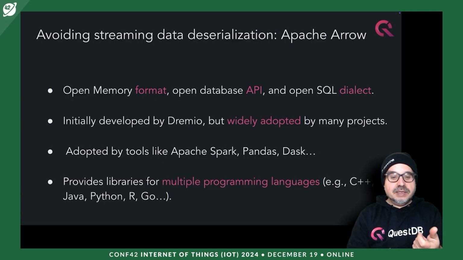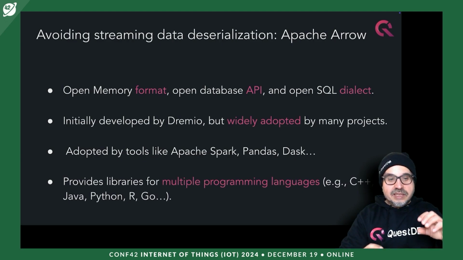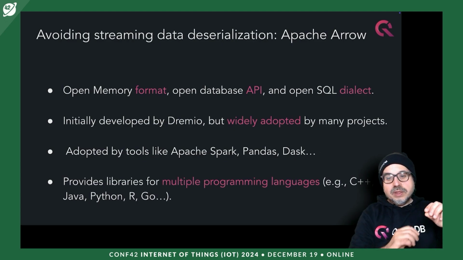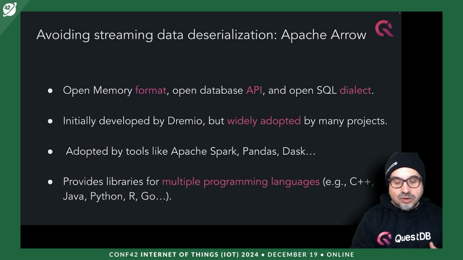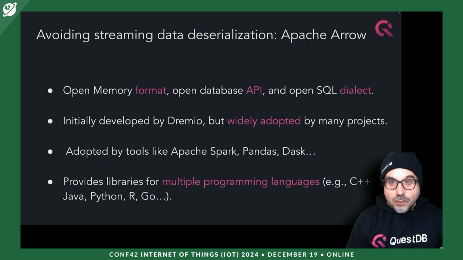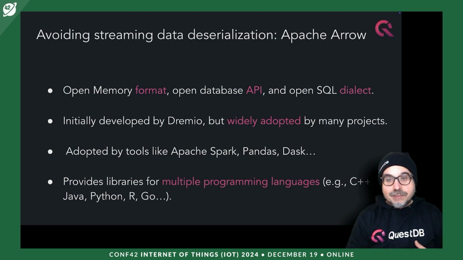The Arrow format is not a row format, it's a columnar format. So I send you data down the line already in columnar format, and I send you the data in this open memory format, which is compatible with many libraries already. So tools like Apache Spark, or Pandas, or Dask, or virtually any programming language, they already have Arrow libraries.